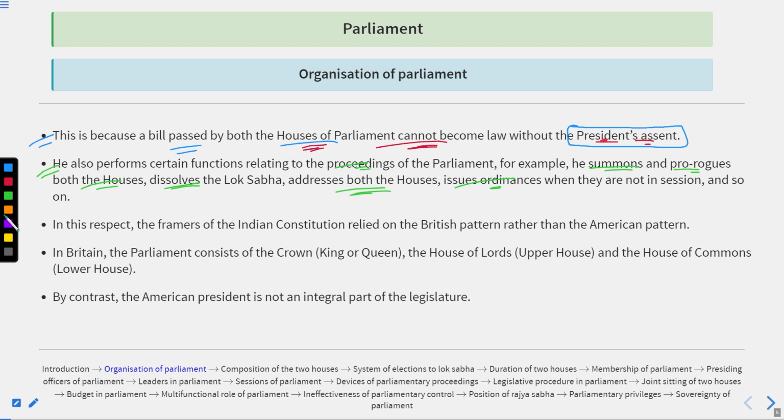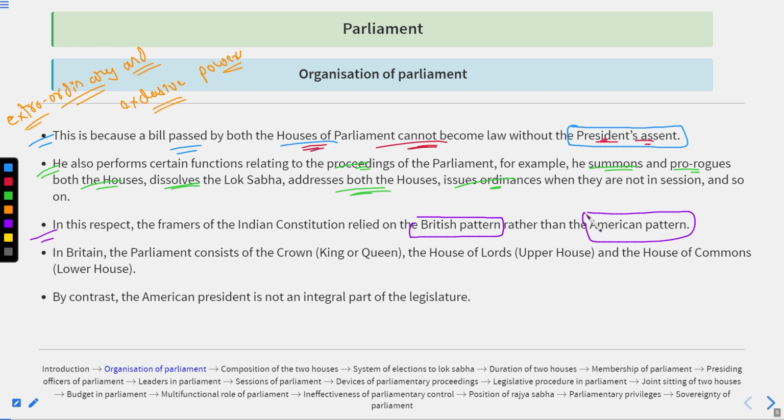It means that these are some extraordinary and exclusive powers granted to the President of India as an integral part of the Parliament. In this respect, the framers of the Indian Constitution relied on the British pattern rather than the American pattern. Why?